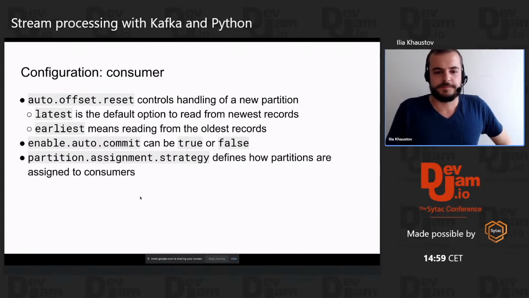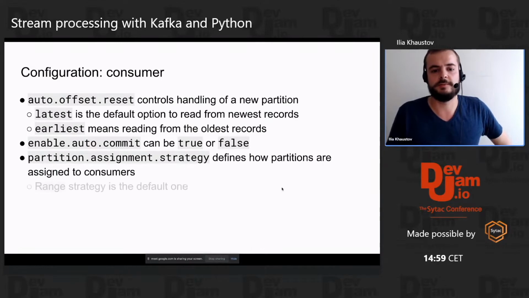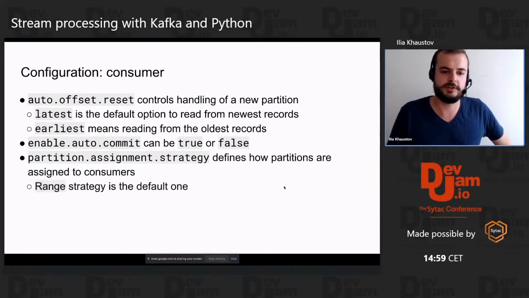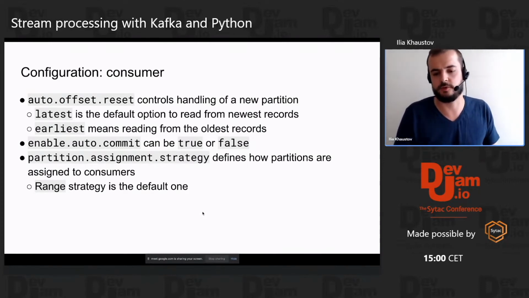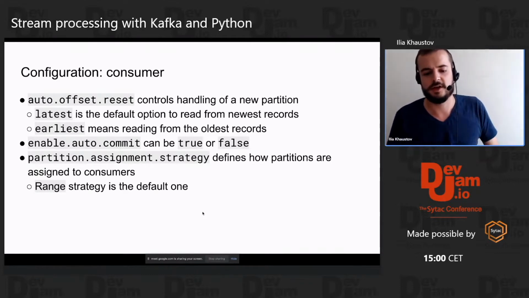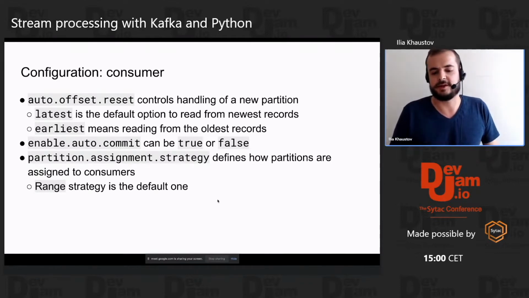Also, next thing is how partitions are assigned to consumers. By default, you have a range strategy, which means that the consumer will receive partitions from topic, like first from topic A, then from topic B, then from topic C. It is kind of default, and maybe it was easy to implement, with less performance bottleneck.